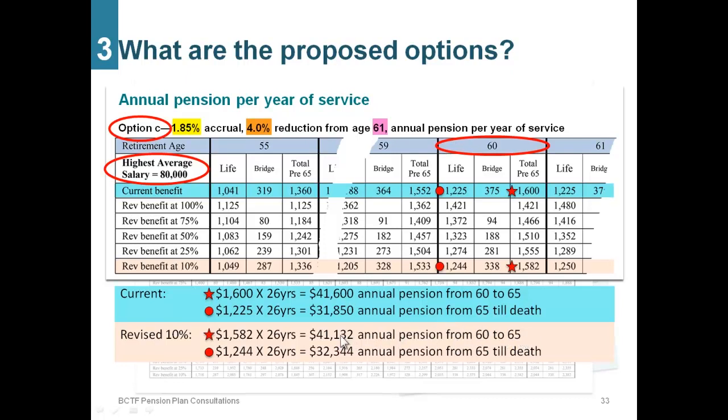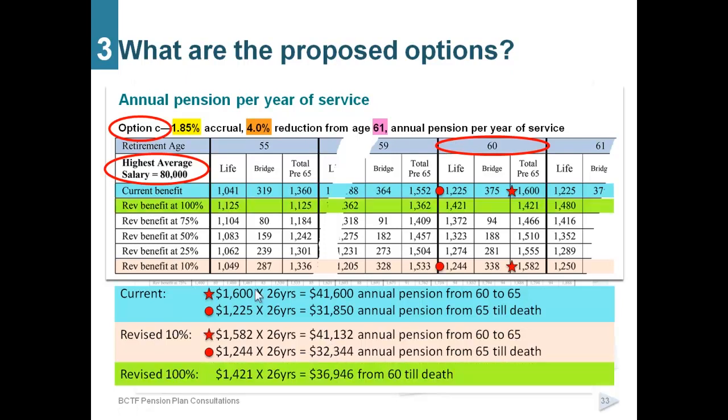There is a reduction for the first 5 years of $468. Then at 65 till death, they will find an increase of $494 per year. It would be possible to calculate the revised benefit for a member at 100%.